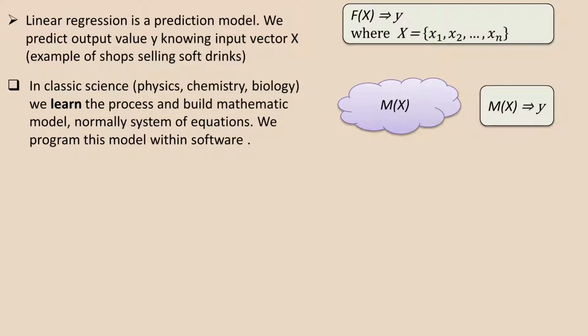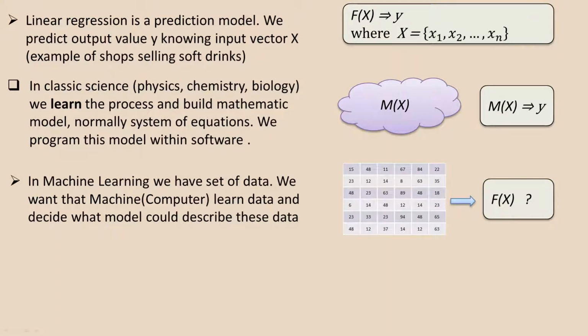And we try to describe this process with some kind of model m of x, where m could be a set of equations of independent variable x, or it could be a set of algorithms or any other means of expression of this model. Now, having this model, we can analytically produce our output value y, which has been calculated by this model, or we will normally write some kind of software which will be implementing the model and calculating our output value.